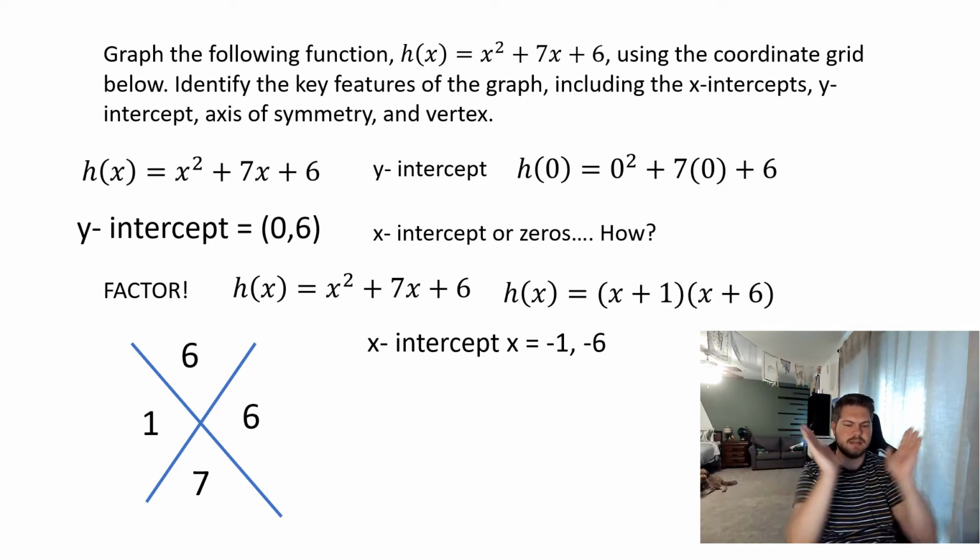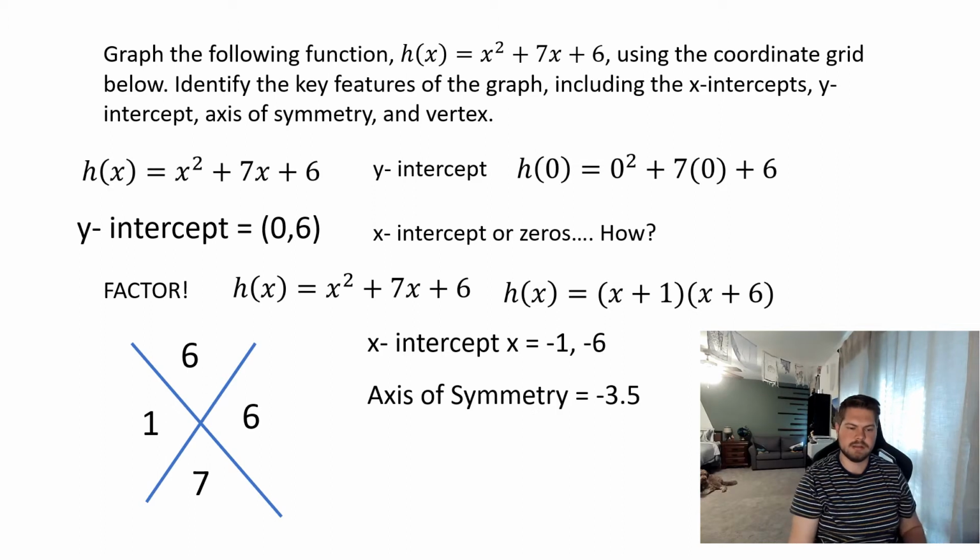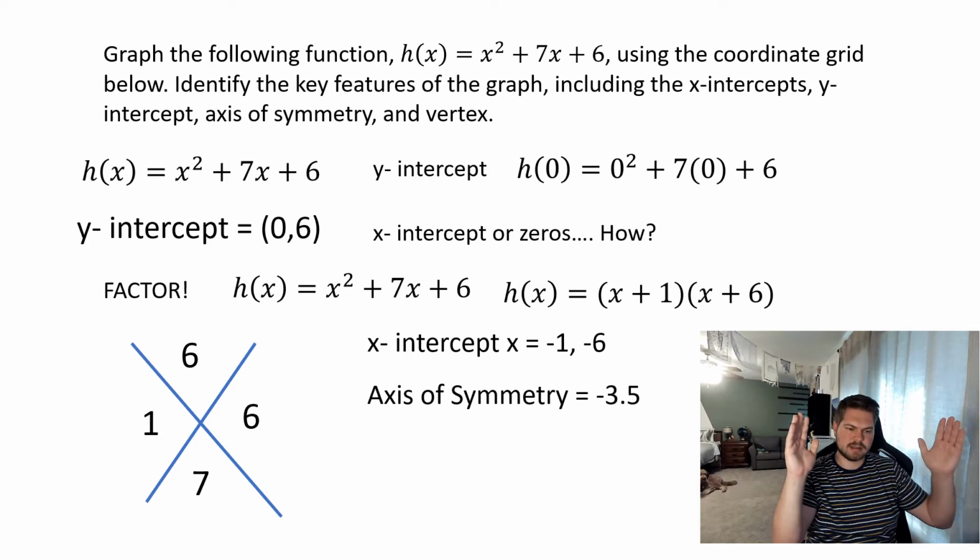either way our graph is, it's actually going up this time. We can find our axis of symmetry because we have -6, -1, so -5, -2, -4, -3. So -3.5 should be right in the middle.